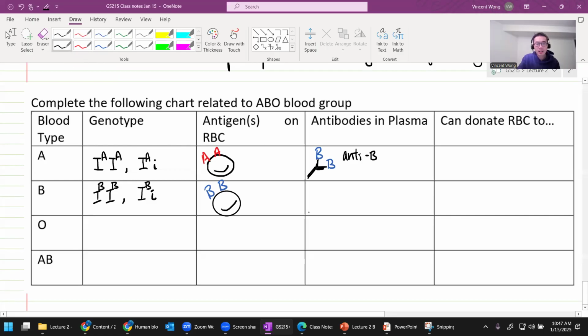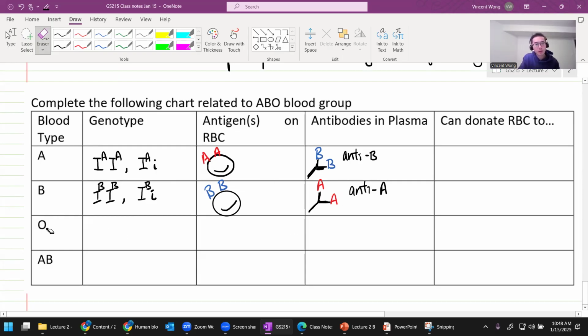And in this case, what kind of antibodies will you make? Well, I hope you know the answer. It is anti-A. You make antibodies to attack things that you don't have. If chickenpox infects you, then you make anti-chickenpox antibodies. So for someone who's type B blood, they cannot receive type A blood. The antibodies will attack and reject the blood. Okay, so far it's fairly straightforward, I hope.